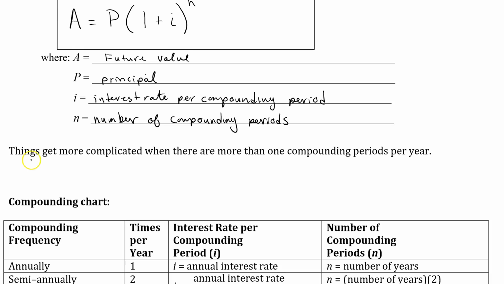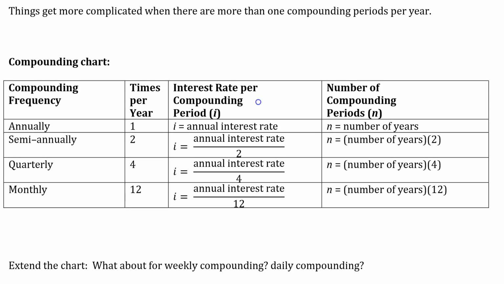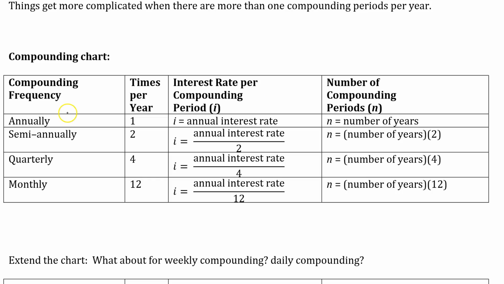Now things tend to get a little bit more complicated when there is more than one compounding period per year. So annually, that's the one that we were talking about before. Number of times per year, it compounds 1 time per year. The interest rate per compounding period is just the annual interest rate, and the number of compounding periods is simple. It's just the number of years.